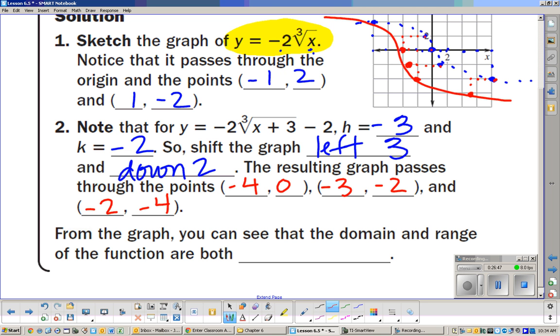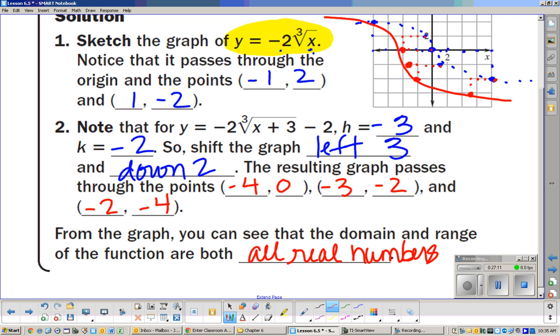If I did it accurately, those are the points it should be going through. And what about that domain and range? What is it going to be? All real numbers, because as soon as you see cubic, we know it's all real numbers, no matter what.